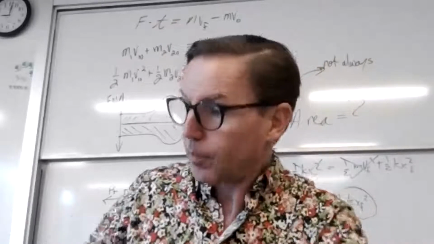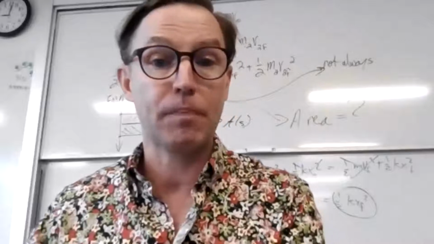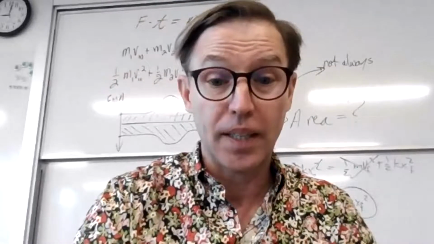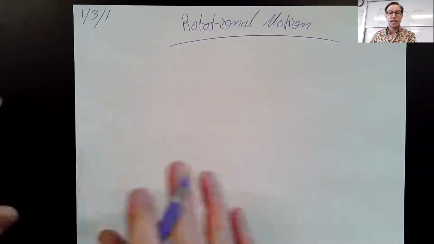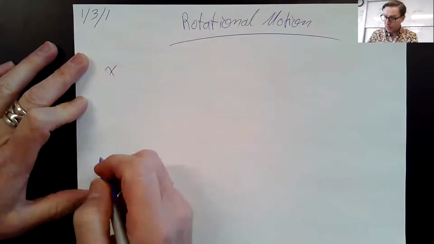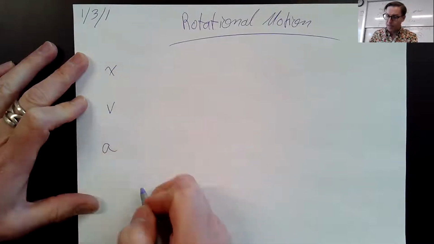So I would like to talk about, you notice that I was doing an analogy to linear motion. So I'm going to remind you of what we studied in kinematics. In kinematics, we talked about displacement, and we talked about velocity, and we talked about acceleration.